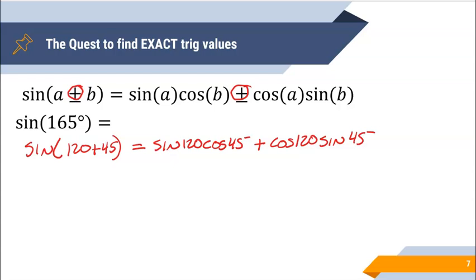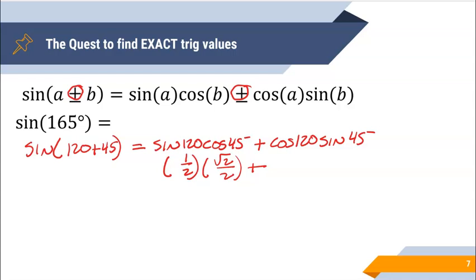All right. Well, put in our trig answers. Since we're in the second quadrant, sine is positive there. The cosine of 45 is root 2 over 2.